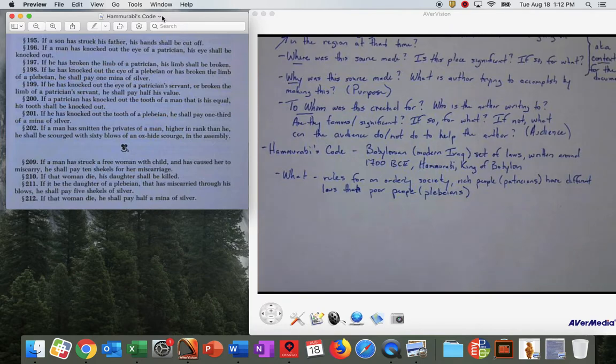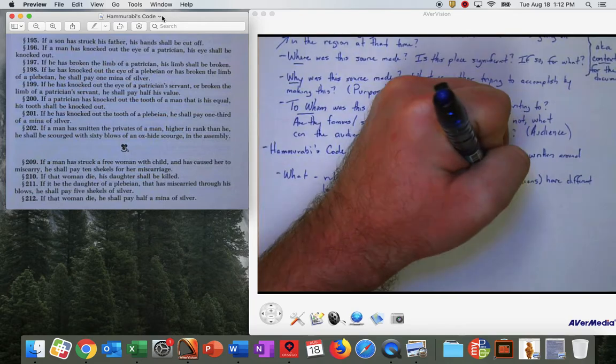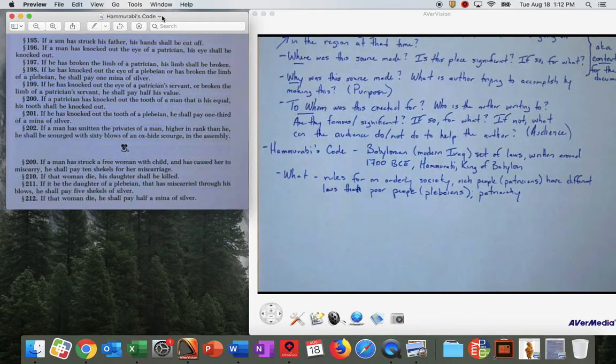And that's pretty much what we get here. There's also a little hint of patriarchy in the bottom part of this, which is why I included it so that you could see patriarchy in action. Okay, so that's the main idea. That's pretty much what this says.